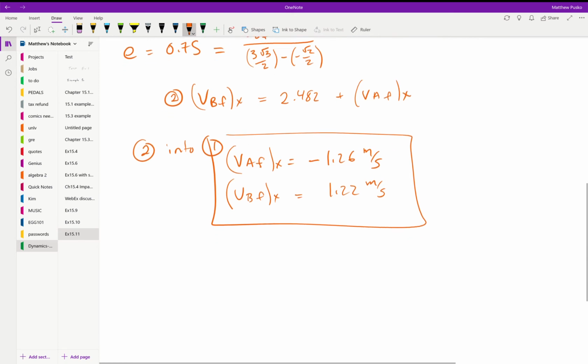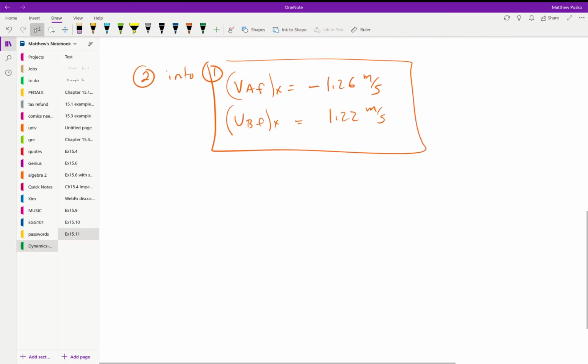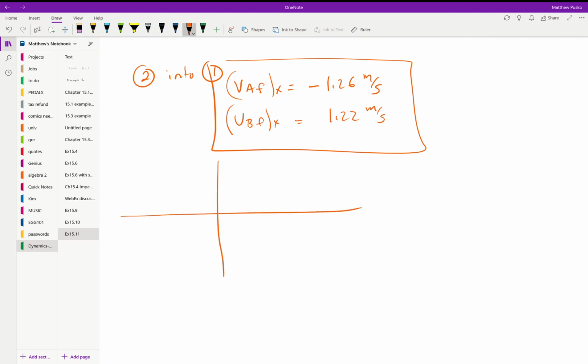Since the collision is said to have only occurred in the plane of contact, that's where the restitution occurred. When these things hit, one was coming in from this direction, one from this direction. When they squished, they only squished along this plane, and that's the plane the coefficient of restitution acted on, and we had to use that to get our second equation. What we know is that in the y direction the velocities are conserved.